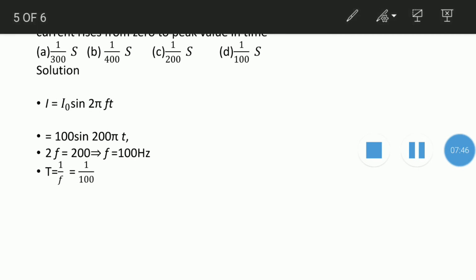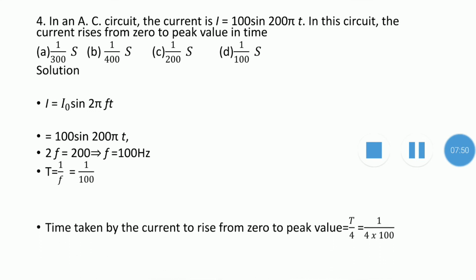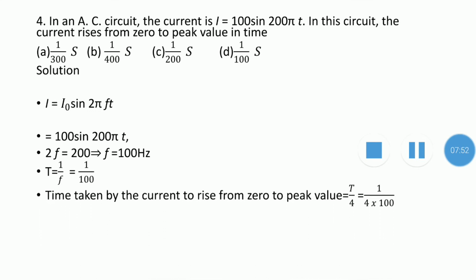So T by 4, where T is 1 divided by 100, so 1 divided by 4 into 100, you will get the answer as 1 divided by 400. Therefore, which option is correct? Option B is the correct one.